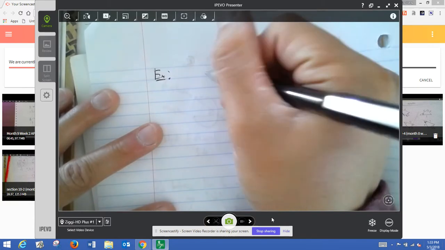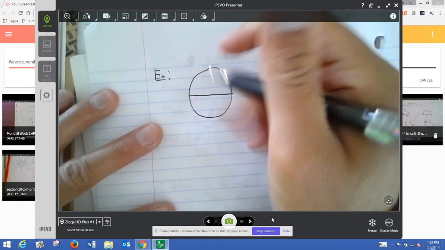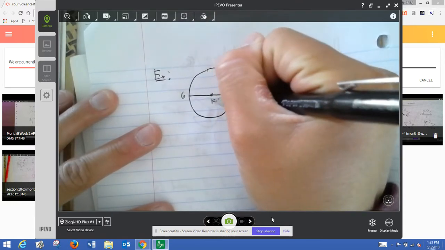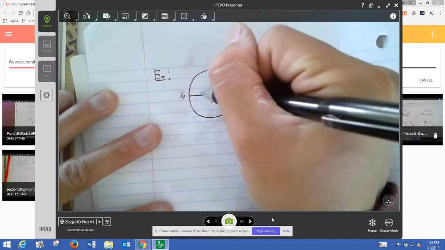Okay. So here's an example. If you have a circle, and this is given to you as G, J, the middle point is K, goes out to H, and this is 122 degrees.